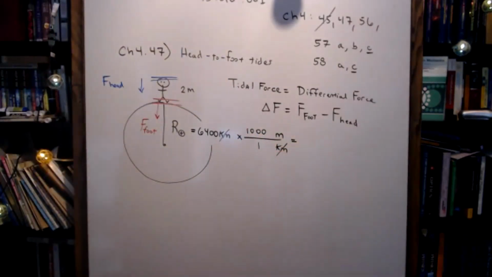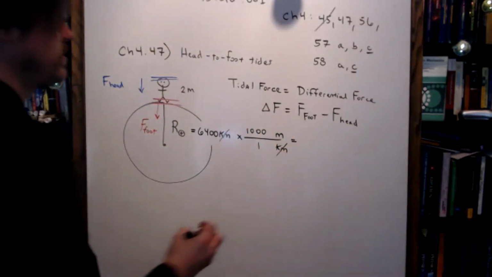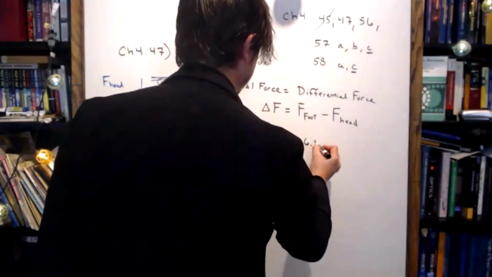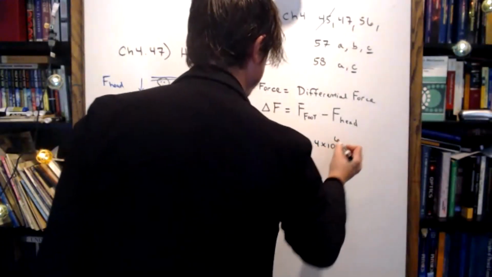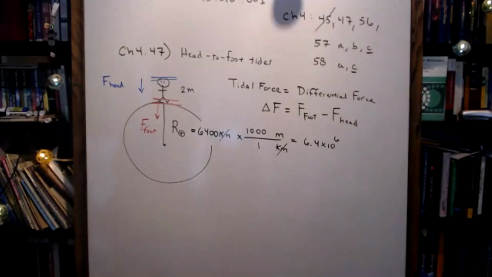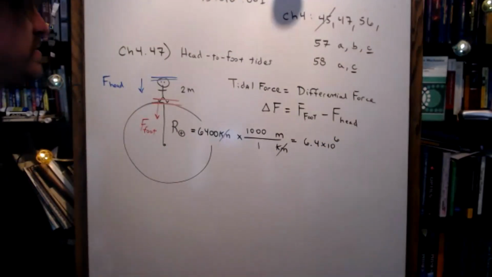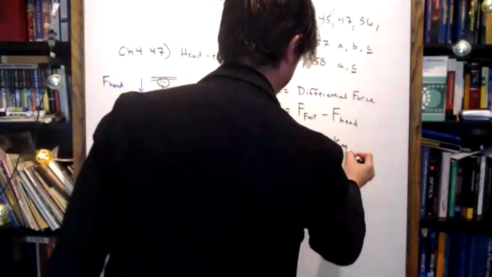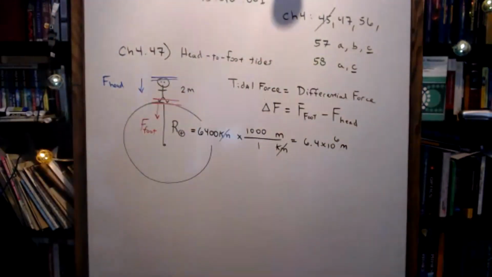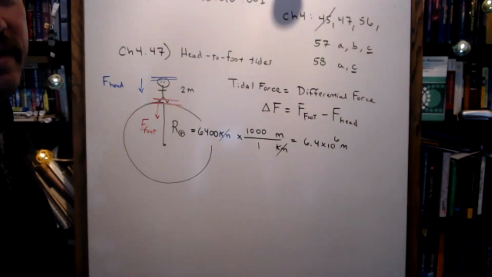Okay, so what does that turn out to be? 6.4. Sorry, I accidentally wrote the whole thing down. 6.4 times 10 to the 6 meters. So class, why don't I notice a tidal force between my feet and my head?